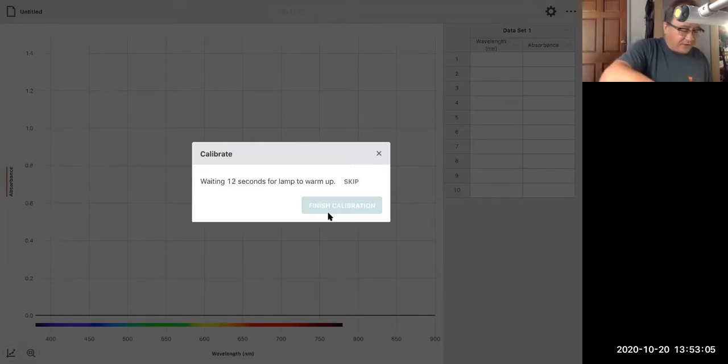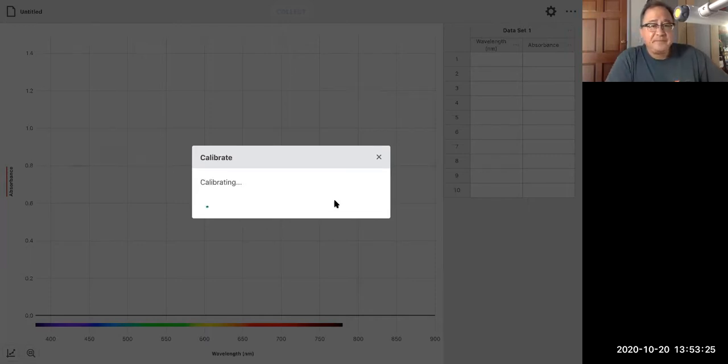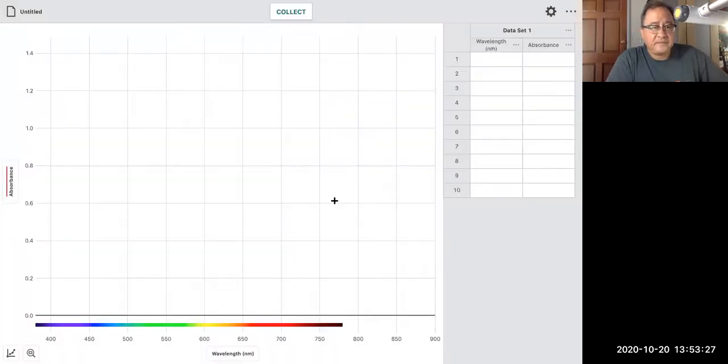And then I'm going to follow the directions here and put in the blank cuvette. So this is the blank cuvette. I'm putting it in, and I'm going to finish the calibration. Okay, the calibration has been done, so I'm going to put the blank cuvette away.